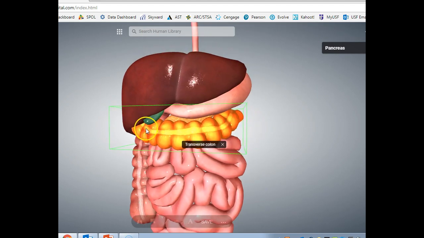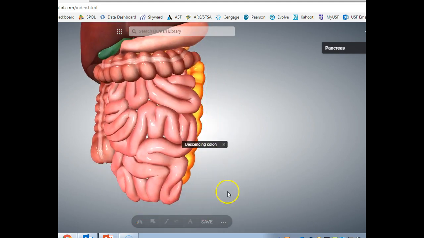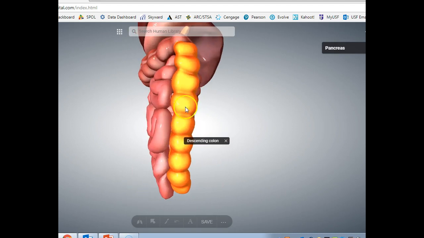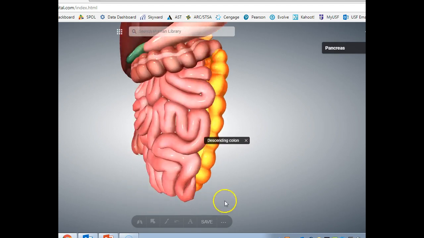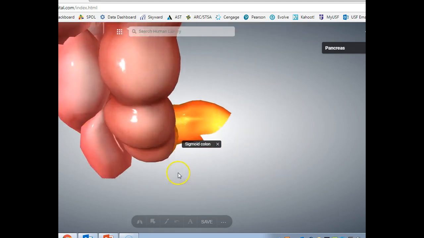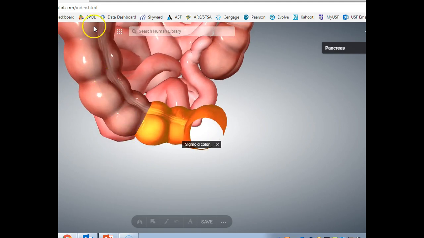Next, we'll get into the transverse colon, which goes across the top, and then down into the descending colon, which kind of sits back behind. Then we have the sigmoid colon, which is tucked back here.